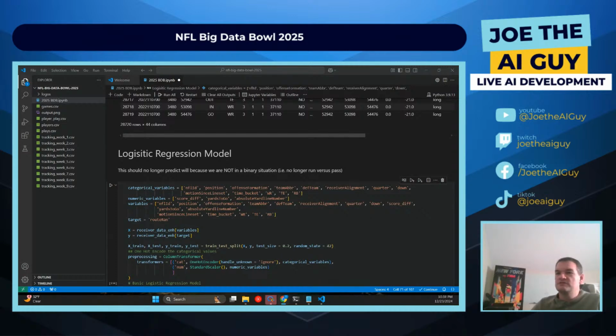Coverage assignments? No, because you can only know that after. Let's see. Defensive team. Defensive cover assignments, matchups.